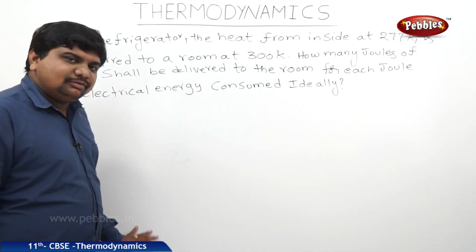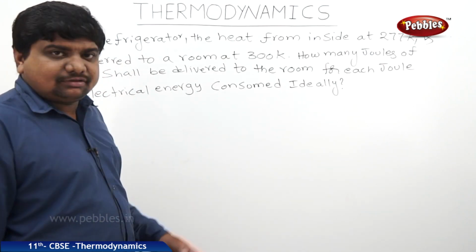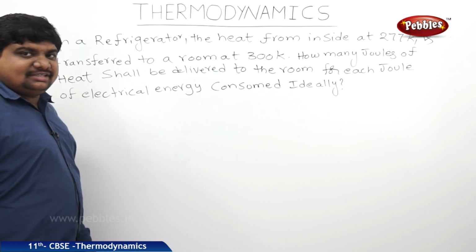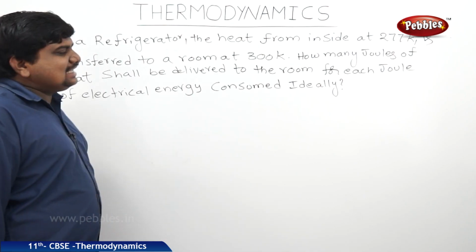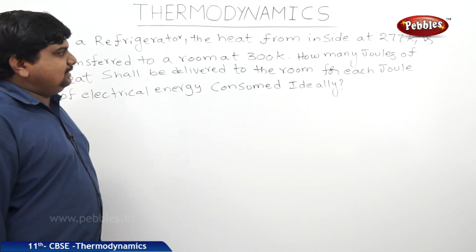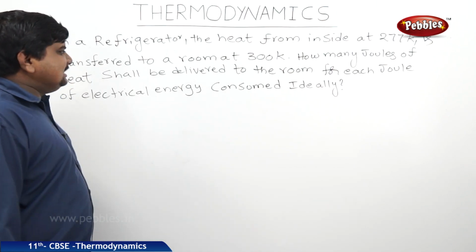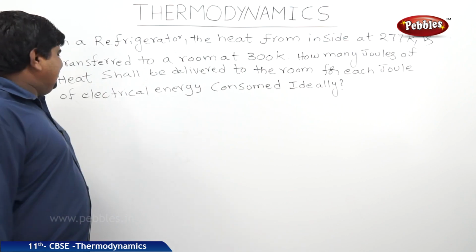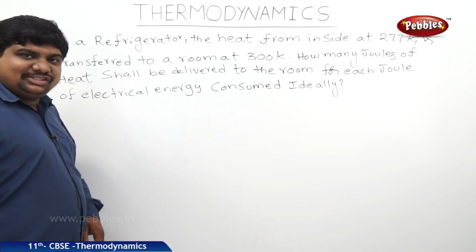This is one of the numericals which is based on the concept of refrigerator working. In a refrigerator, the heat from inside at 277 Kelvin is transferred to a room at 300 Kelvin. How many joules of heat shall be delivered to the room for each joule of electrical energy consumed ideally?